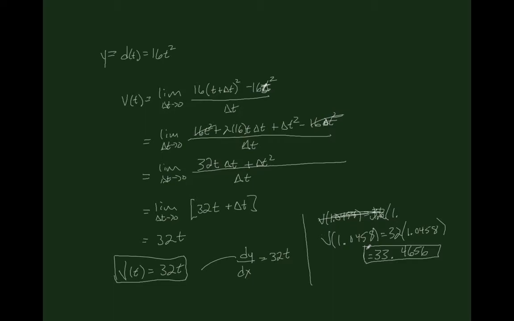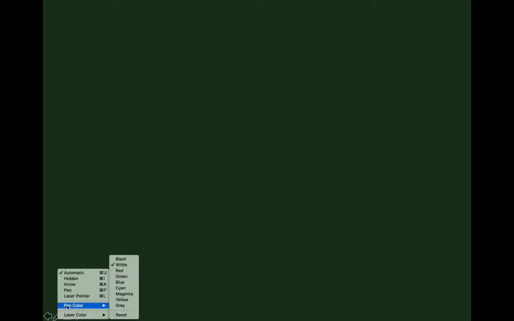Now, roughly 32.5 feet per second. How fast is that? Feet per second, I don't have a good sense for. Miles per hour, I have a better sense for. And so for fun, I'm going to do a conversion and figure out how fast the ball is going in miles per hour.